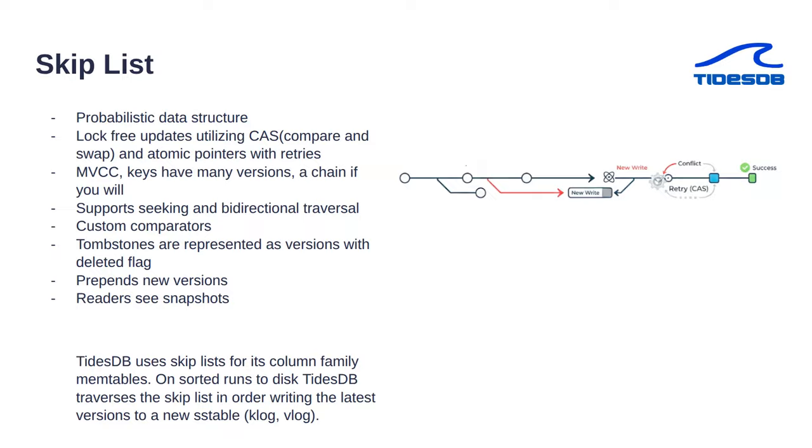So we pass the sequence number from the transaction level, the database level, to the skip list, and we can see data that way. TidesDB uses a skip list, as I said, for column family mem tables on a sorted run to disk to L1. TidesDB traverses the skip list in order and writes the latest versions to new SS table files.